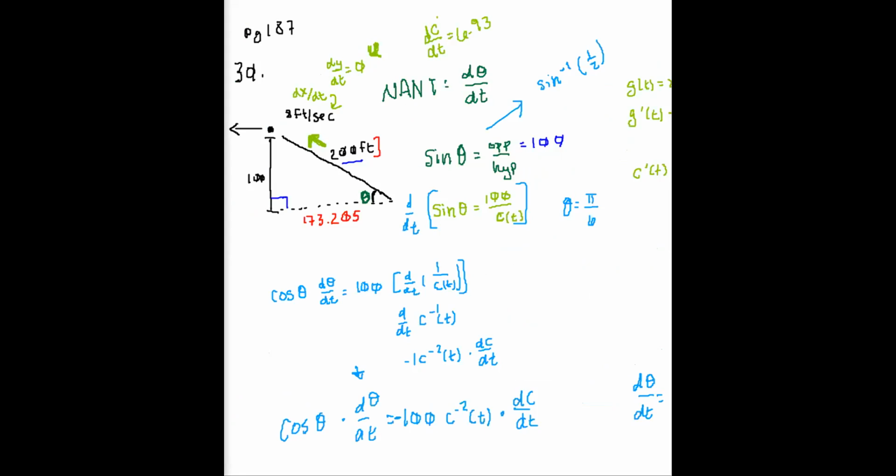And then that is going to be negative 0.017325. Divided by that cos pi over 6, and the number we're going to end up with is negative 0.02.